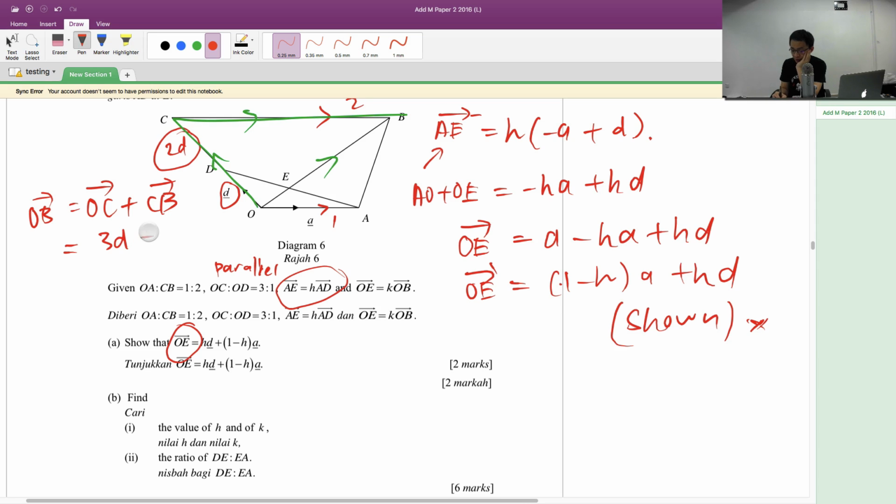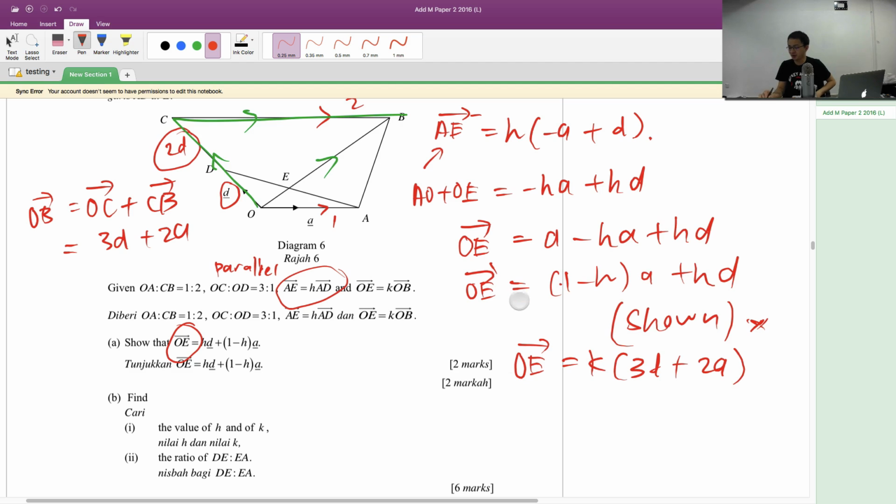CB is just 2A. Therefore, this is OB. So if you have OB already, you can do OE equals K OB, which is K times 3D plus 2A.